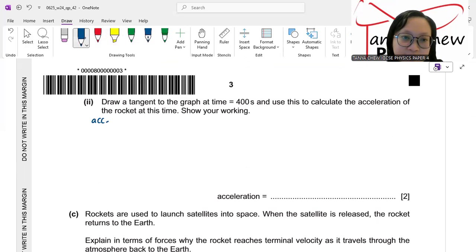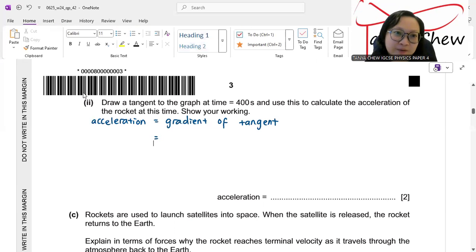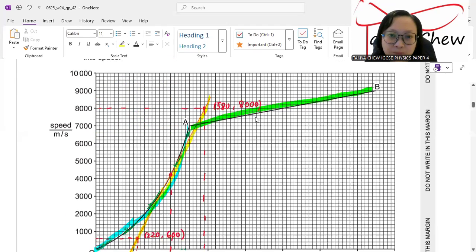So I need to write this now. Acceleration is equal to the gradient of tangent that I drew. So gradient is y2 minus y1 divided by x2 minus x1, right? So I'm going to move it.